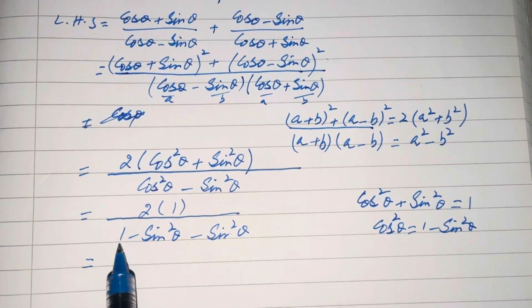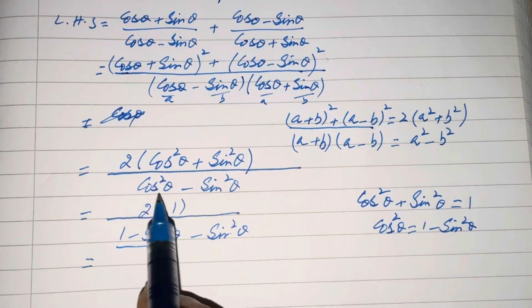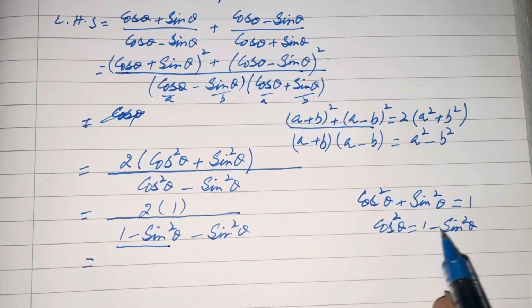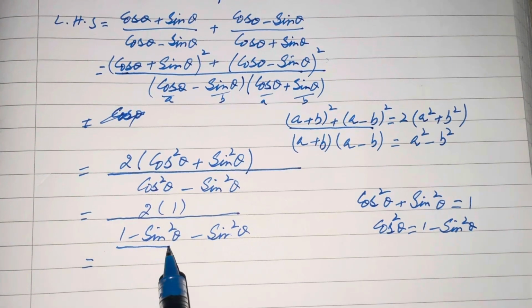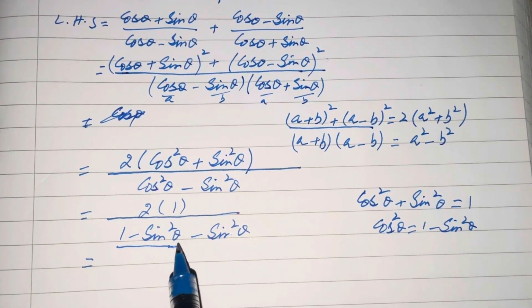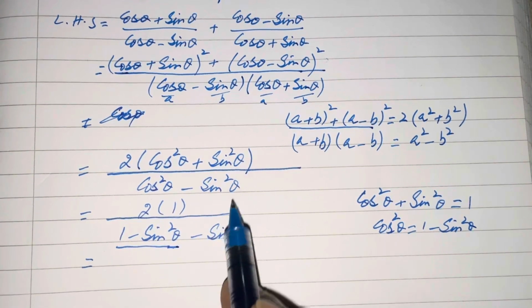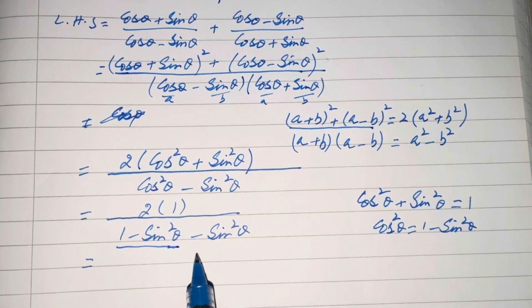This 1 minus sin square theta we have put in place of cos square theta, and this minus sin square theta we have written as it is.